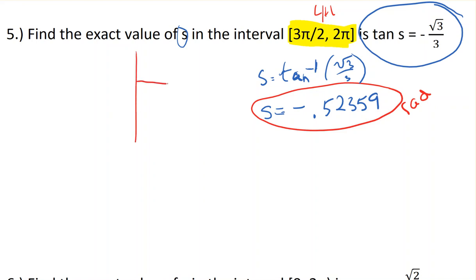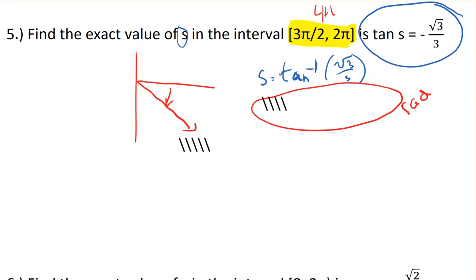So if we think about that, that's a negative angle. So it's going down that way. So it is in the fourth quadrant. But the problem is that it's negative. It doesn't fit between the parameters of 3 pi over 2 and 2 pi. So what this really becomes is the reference angle here.